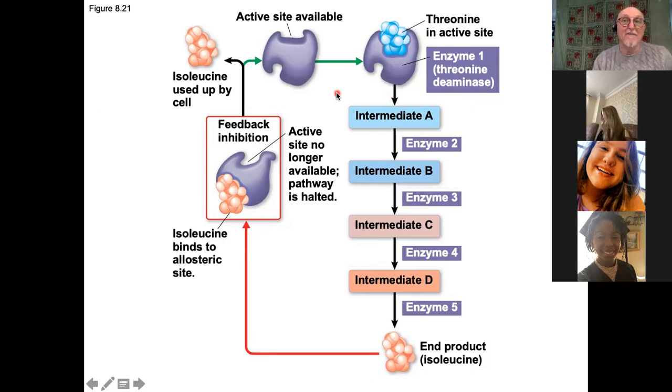But you can also have a feed forward system where an enzyme is switched on by the presence of the substrate. And in that case, the substrate would bind here and activate the enzyme so that it can perform some other catalysis. This is a feedback, but remember that feed-forward reactions also occur.